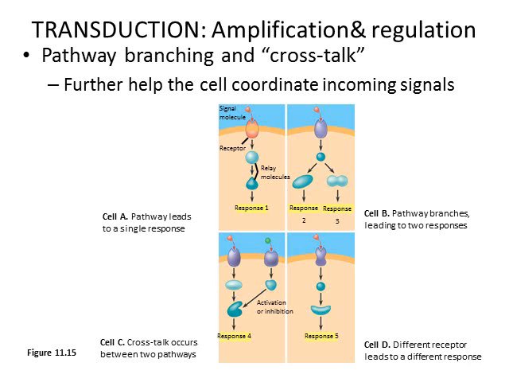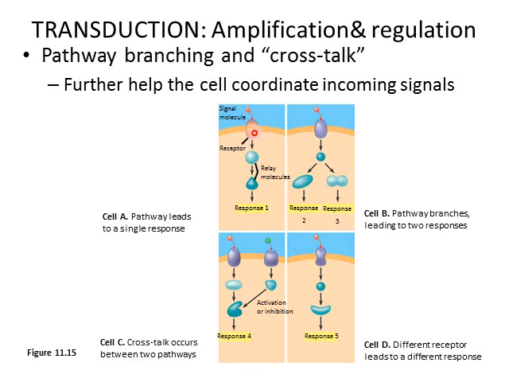Now, transduction. When we talk about the amplification or the regulation that happens, one of the words that gets thrown around is crosstalk. And what that does is that allows us to coordinate incoming signals or incoming ligand molecules. So if you look in this diagram here, we have our signal molecule binding to our receptor in the membrane.